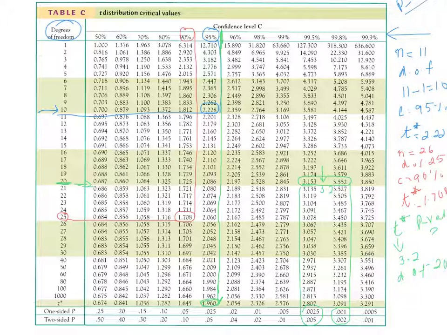So we can assume that the p-value related to 3.2 lies between the p-values of those two numbers. So for example, if it's a single-sided p-value, then it's going to be 0.001 and 0.0025. So our p-value for 3.2 lies between 0.001, which is the smaller of the two numbers, and 0.0025, which is the larger of the two numbers.